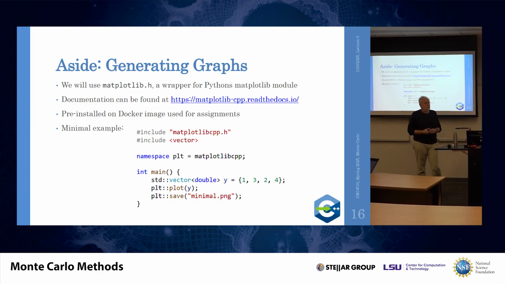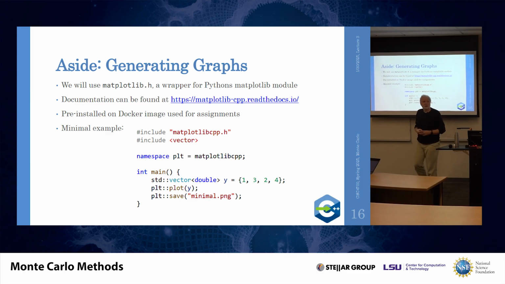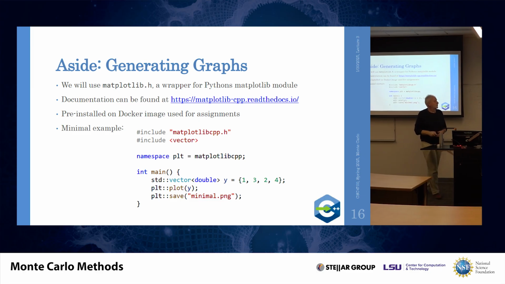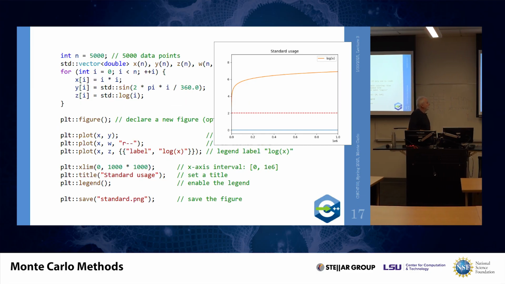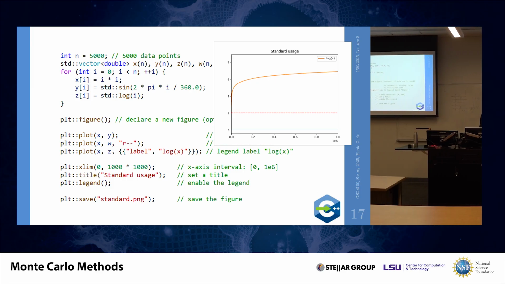And here's a minimal example. The actual namespace is matplotlib-cpp, but we give it a different name so that it's easier for us to write. Then we generate a vector of doubles, plot it, and save it. Done. Easy as that.